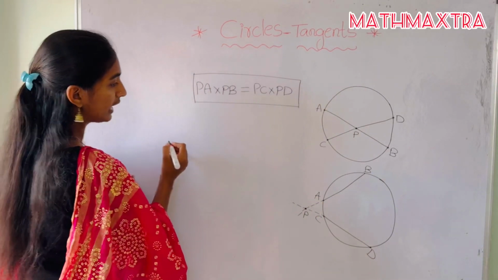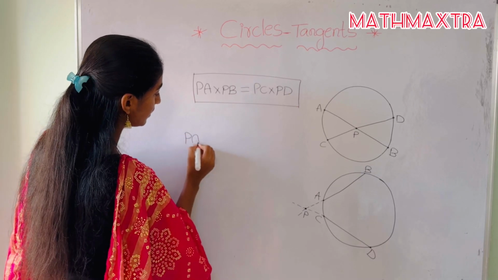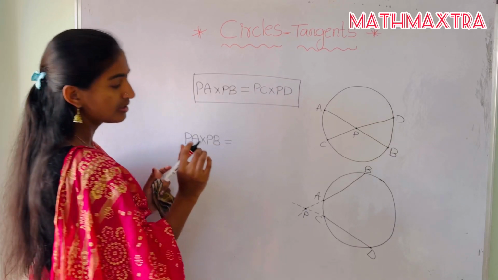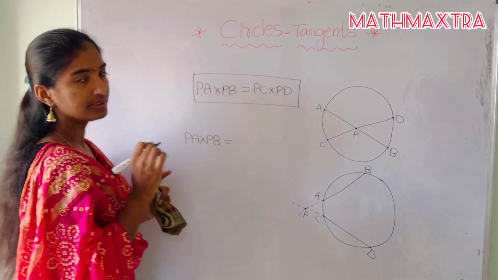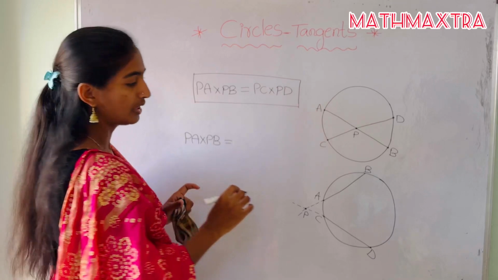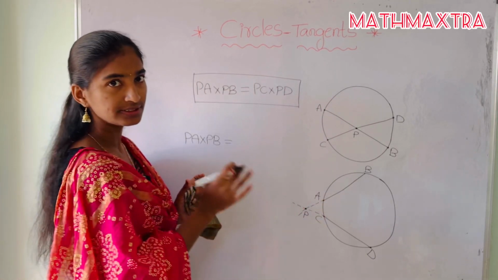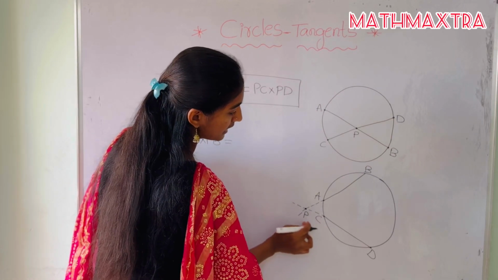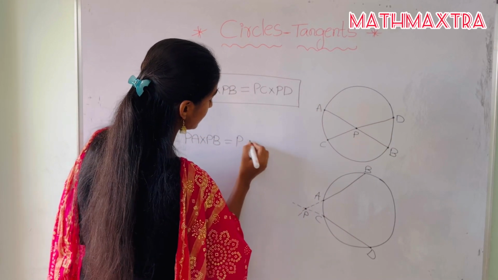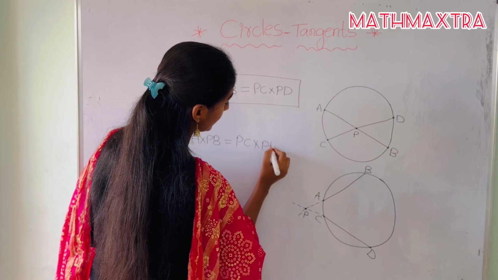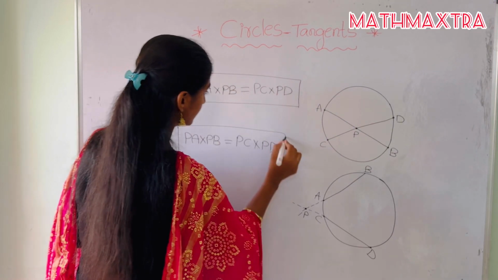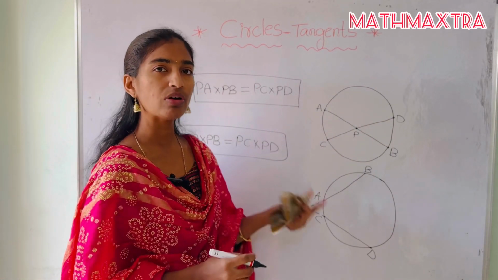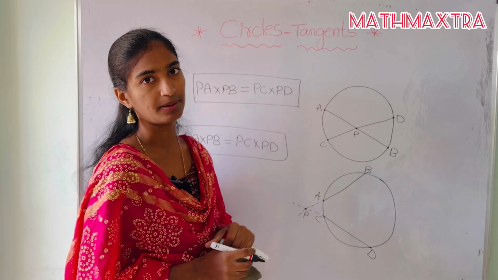So you have to take those products: you must start with the intersection point P, then write those distances. So this is PA into PB is equal to PC into PD. Yes, PC into PD. This is the case where two chords intersect outside the circle.